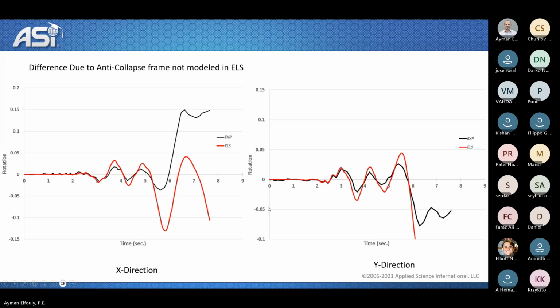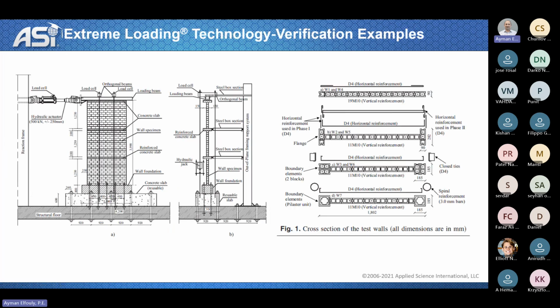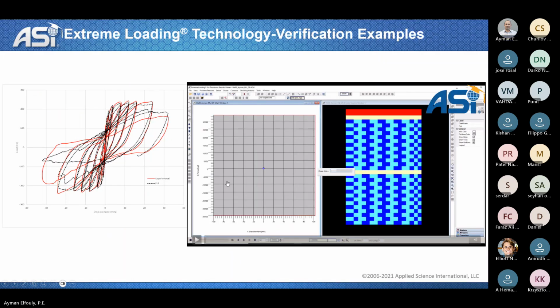Next is going to be a masonry wall under cyclic loading. And this is a comparison between the experimental results and ELS results.